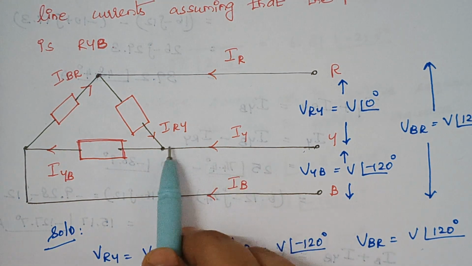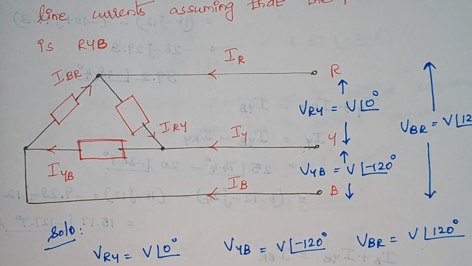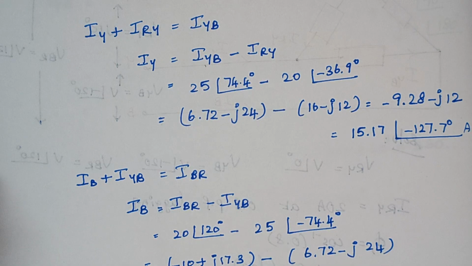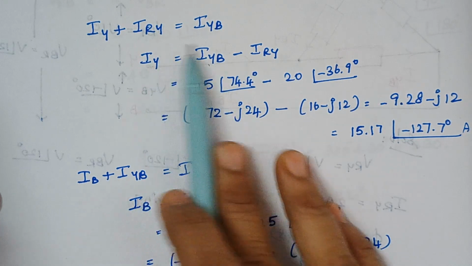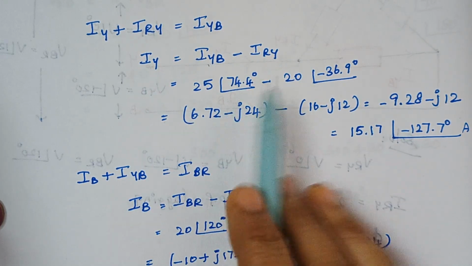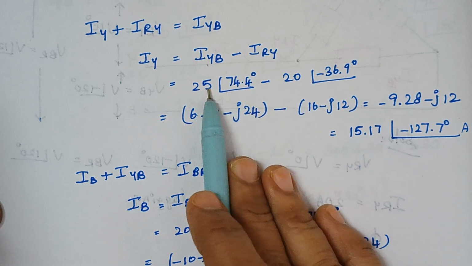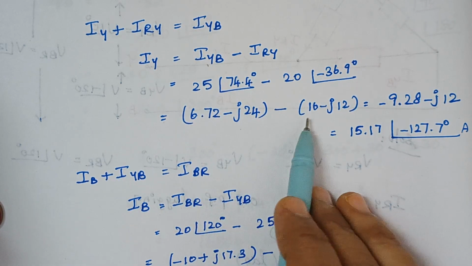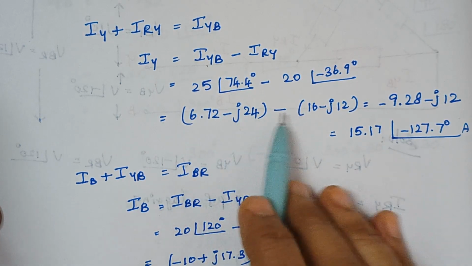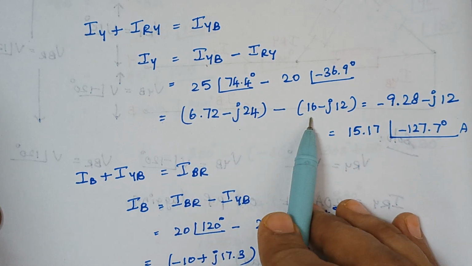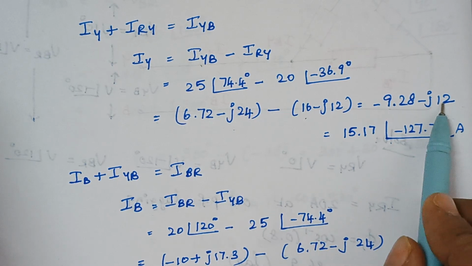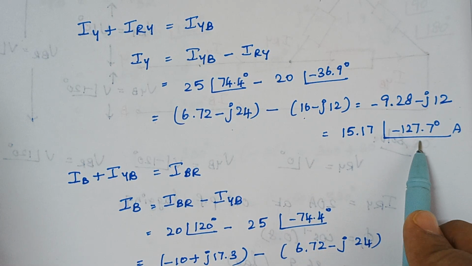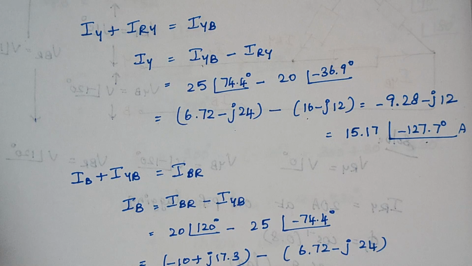Therefore IY plus IRY is equal to IYB, so the expression for IY is IYB minus IRY. Substitute the values here. Again each polar form is converted into rectangular coordinates, which you can directly add or subtract. This is your answer, and finally it is converted into polar form. And finally we are going to frame the expression for our current IB.